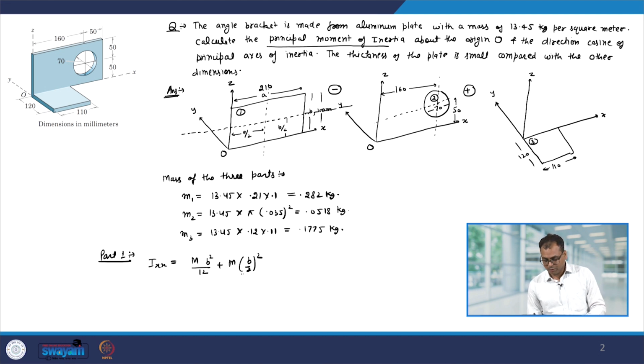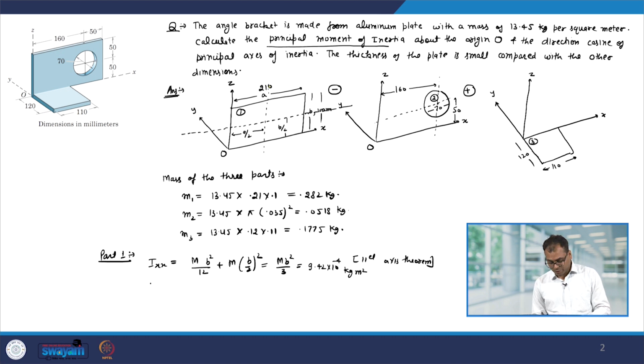Herein we have used the parallel axis theorem. So, this is equal to m b square divided by 3. Now, the value of m is known, the value of b is 100 mm. Therefore, this comes out to be 9.42 into 10 to the power minus 4 kg meter square.